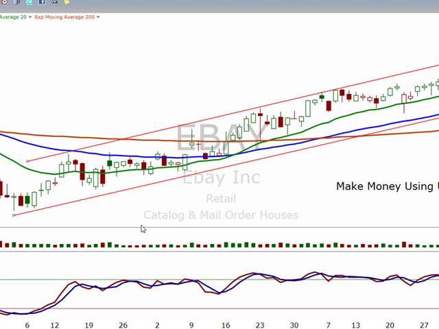But in this case, a lot of times, guys, when you have these channels, a stock may not trade directly on this trend line. What this channel does is give you a reference in terms of a buy point.